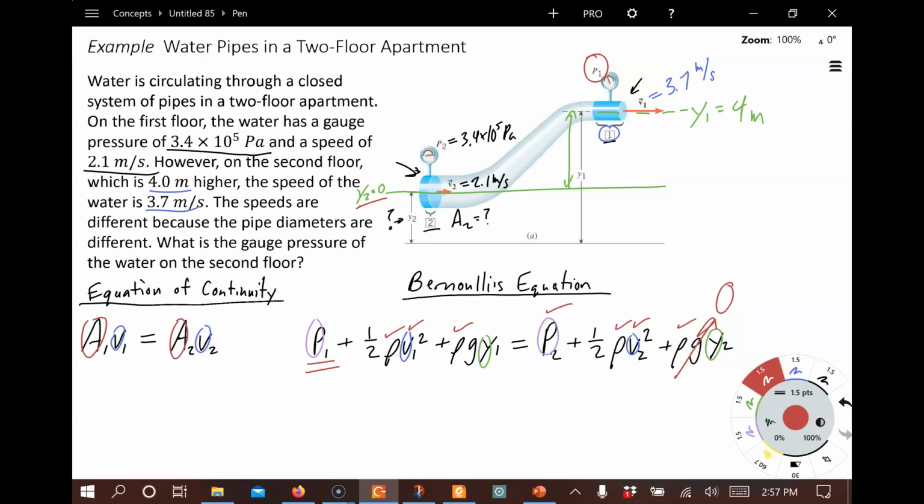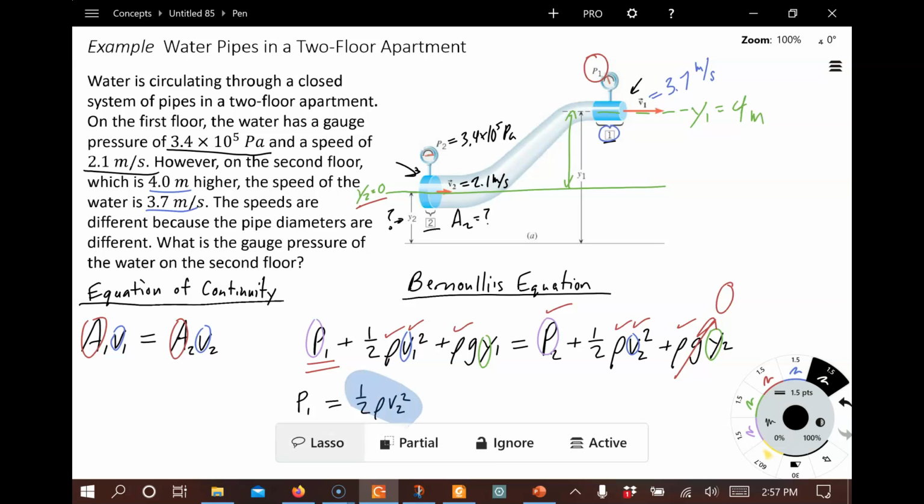So let's go ahead and clean this equation up for a second. So the pressure on the second story, P1, I'm going to subtract the things we don't want from this side. So right now we've got 1/2 rho V2 squared, and I forgot to have a P in there.